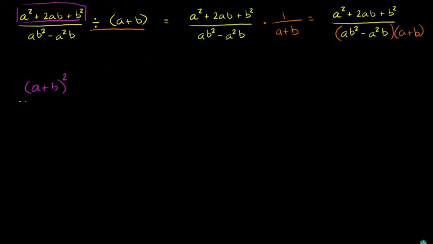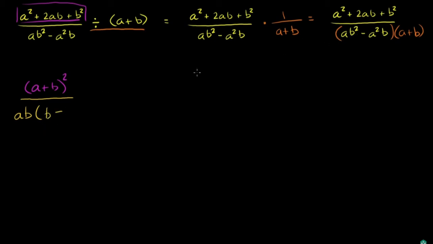And then the denominator, what is this? Well, let's see what happens if we factor out an ab down here. So ab squared divided by ab, a cancels out. You're just left with ab, right? ab times b is ab squared.